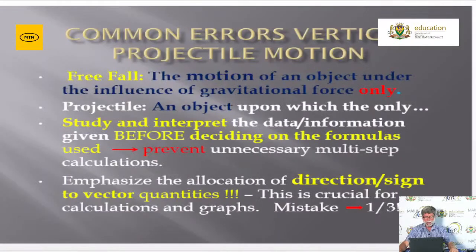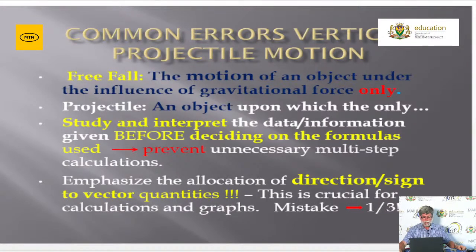Now I'm going to start off with projectile motion, and I'm going to discuss the key issues and common errors to avoid on these topics, starting off with vertical projectile motion. The first important definition there is free fall, and it's very important.